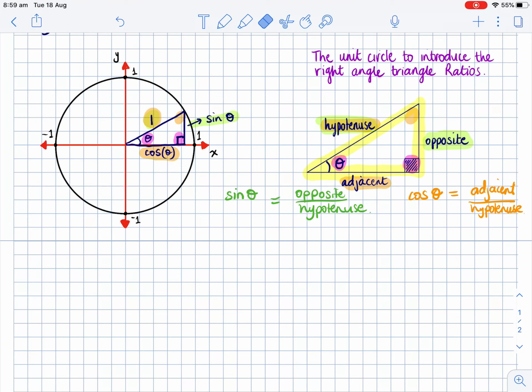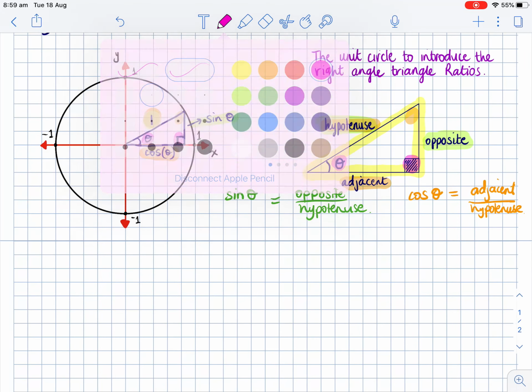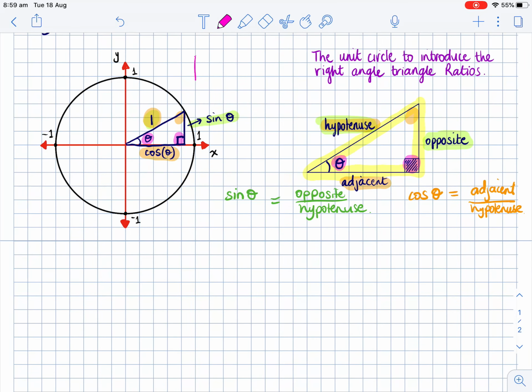And the final one, which is tan, I'll talk about at a later date, because tan involves, actually no, I'll do a very quick version of tan here, but tan can also be considered in a few different ways. So there's my tangent line. If I take that length there as tan theta, we've created a different right angle triangle here.